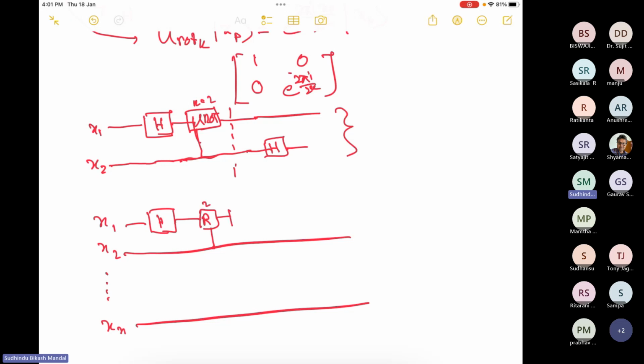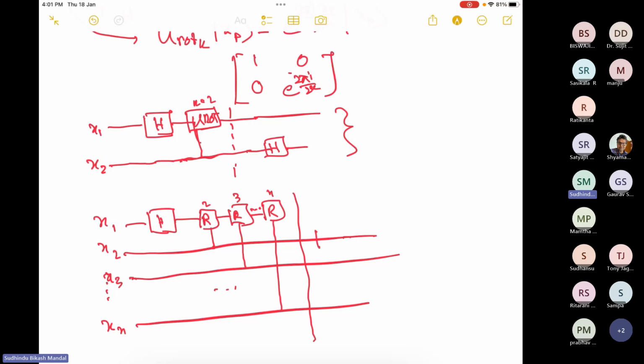And also suppose there is another line, you have to give another rotation R, and if it is x3, then the rotation k value will be 3. In this way R, up to n, there is a dot form, with more and more gates.